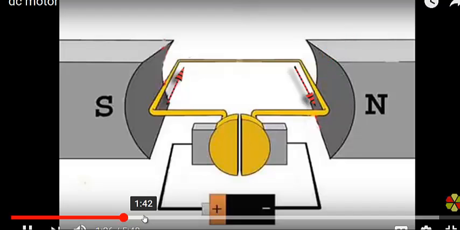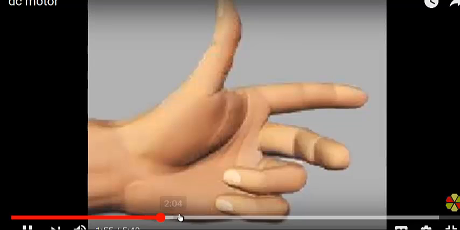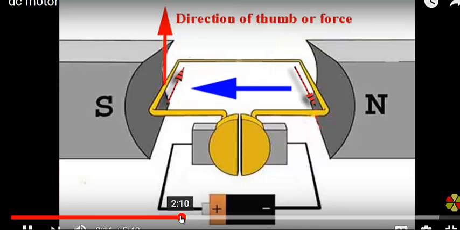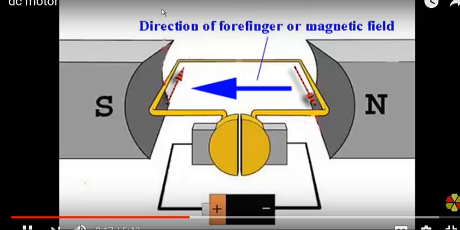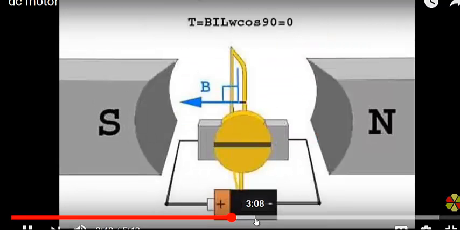There's the current moving through different directions. There's also a left-hand rule, which is basically the right-hand rule, except using your left hand. What he's saying here is that with the magnetic field going this way and the current going that way, the force goes in that direction. So that gives you a torque, and there's the equation.